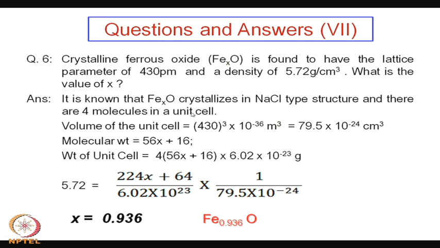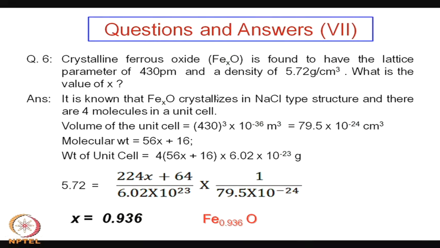It is known that FeXO crystallizes in the sodium chloride, rock salt type structure, and there are 4 molecules in a unit cell. This is very important, this must be known. This information must be known for most of the structures: what is the crystal type, and how many molecules are there in one unit cell.